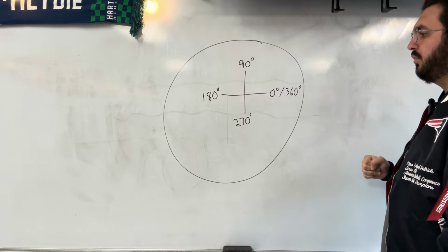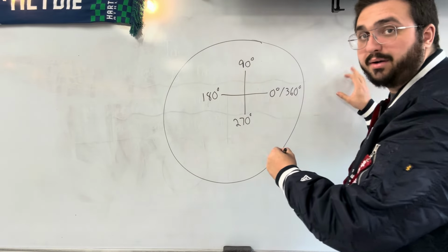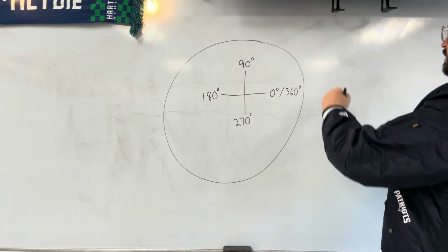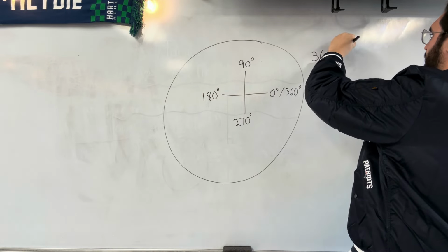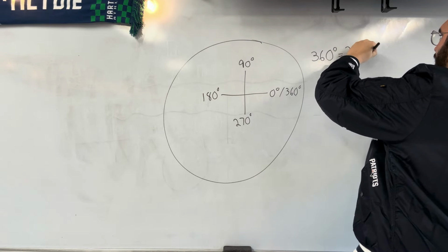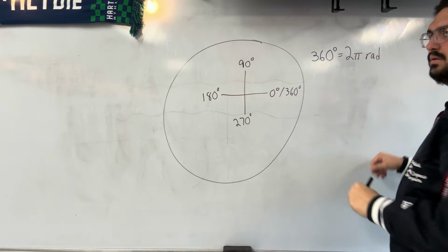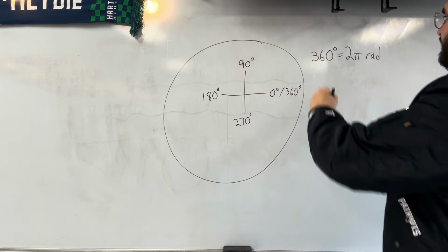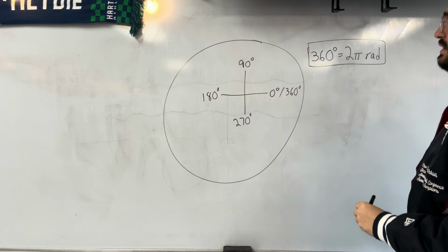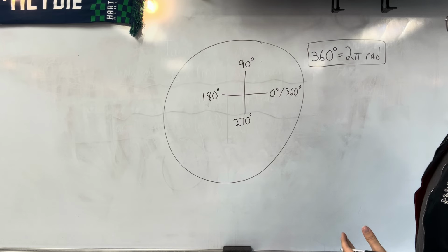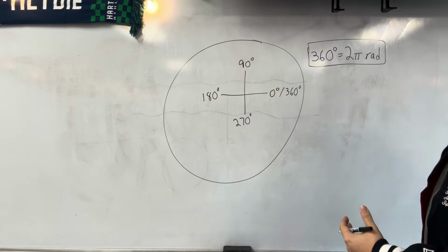The general rule is that, and I'm going to write it right over here, 360 degrees equals 2 pi radians. Okay, this is the big one. 360 degrees, or one full rotation, is equal to 2 pi radians.